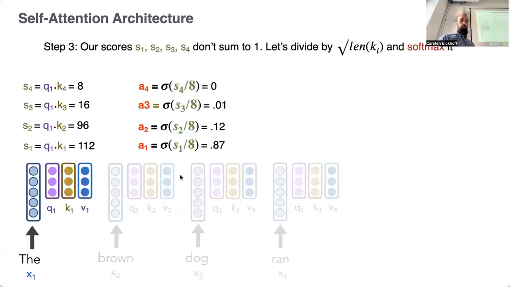So this gives me these nice numbers here. Now, we normalize this a bit to get our weights, right? So we divide this by the length. If you have, for example, 64 long vectors here, then the square root of that would be 8, right? So this is the length of these guys here, and the square root of that, we normalize by that, and put this again through a sigmoid so that they sum up to 1.